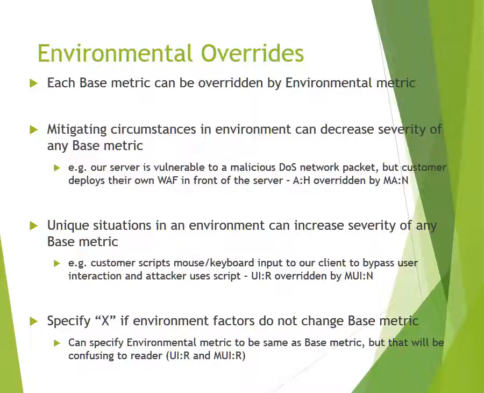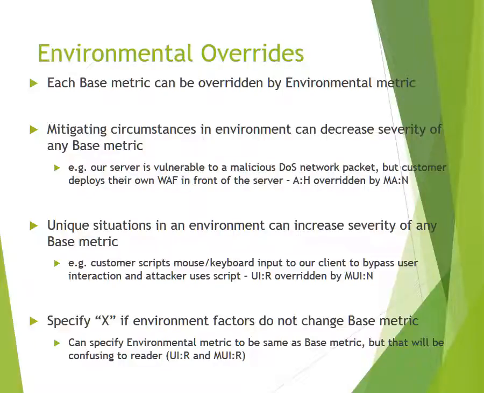Well, the base metric would be, hey, in its normal use, the user interaction is required in order to affect this exploit. But in this case, there is no user interaction because the script bypassed user interaction. And so for this particular customer, the MUI, modified user interaction, is none. And that will increase the score because it's a higher score if you don't require user interaction.